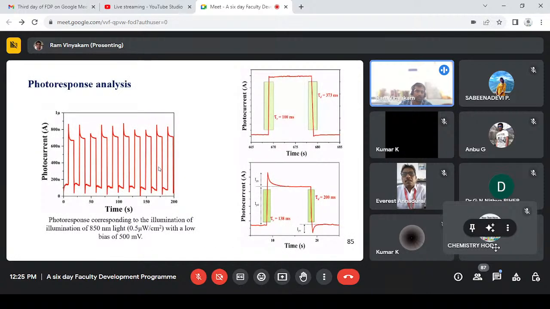And if you move to the UV range, it shows detection, but it's very minimal. So this detector has sufficiently covered most parts of the visible region and part of the IR, so we refer to it as a broadband detector.